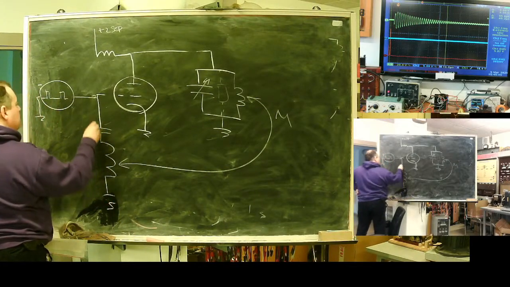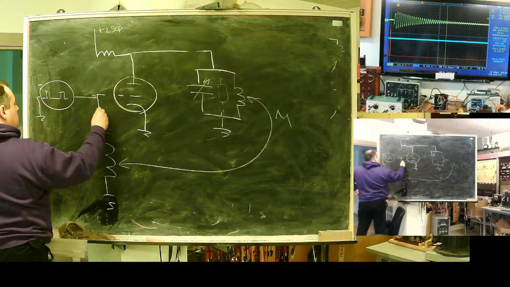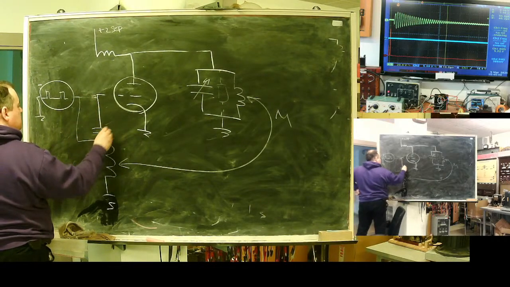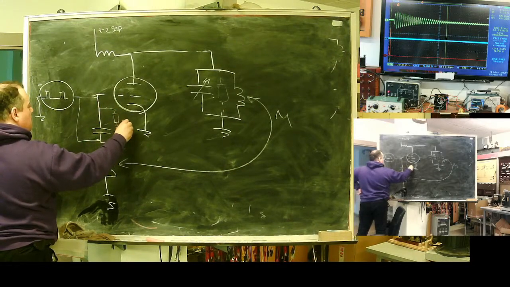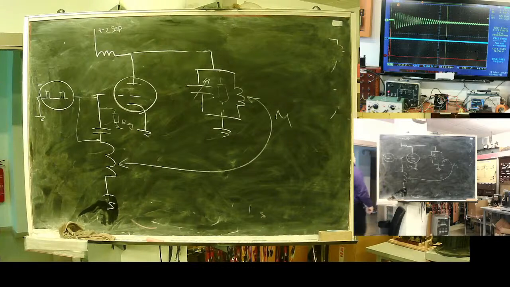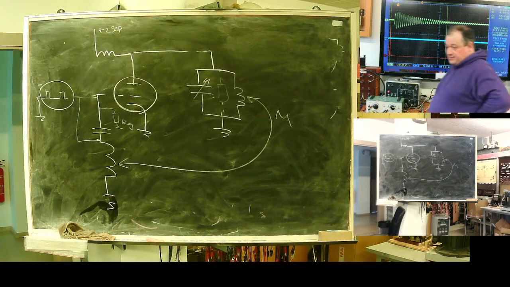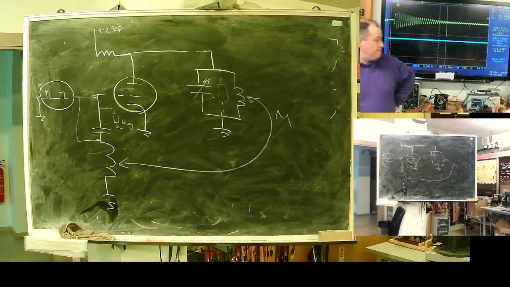Here I have a splitting capacitor. The generator is here, and here I have a resistance. Not important. The idea: what do we have? What do we see?